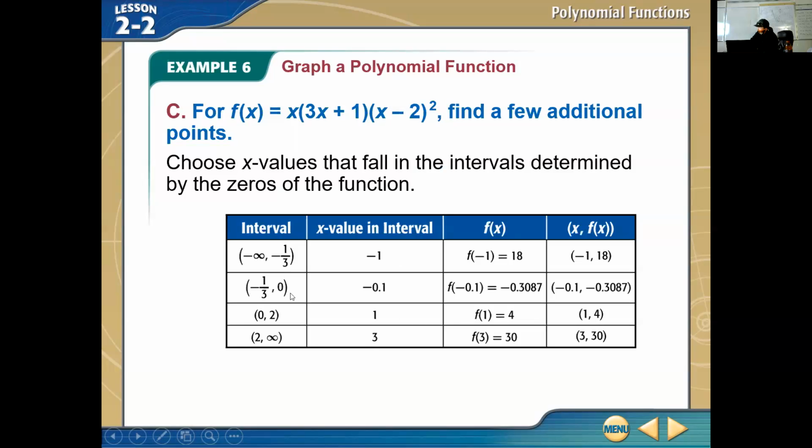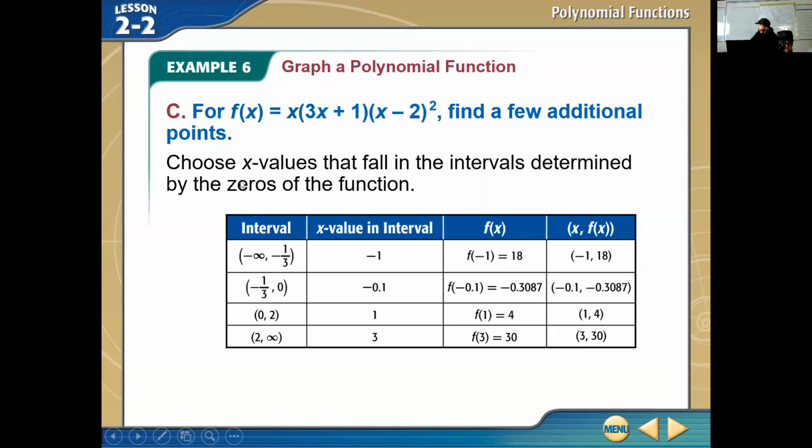Between -1/3 and 0, where our graph dropped beneath the x-axis and is negative, they chose a -0.1, trying to find an easy point to work with there. I would probably use, yeah, that's probably the easiest point to use, looking at the equation. From 0 to 2, once again, this is where our graph is positive.